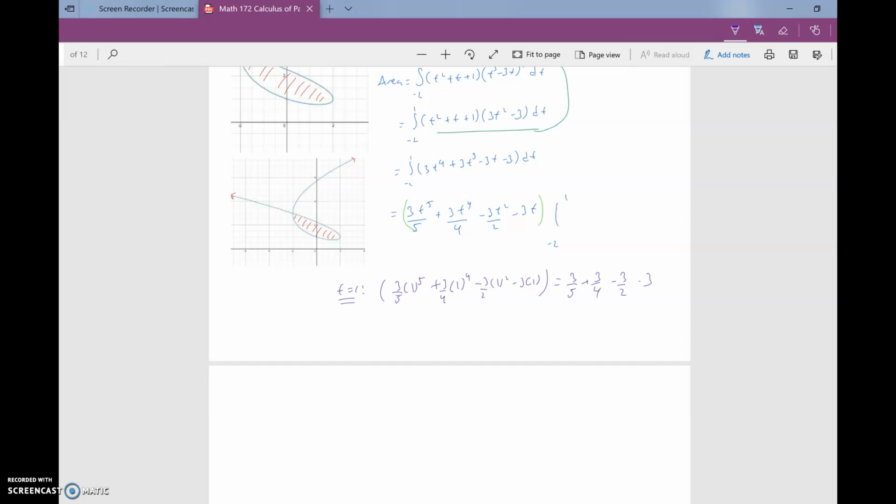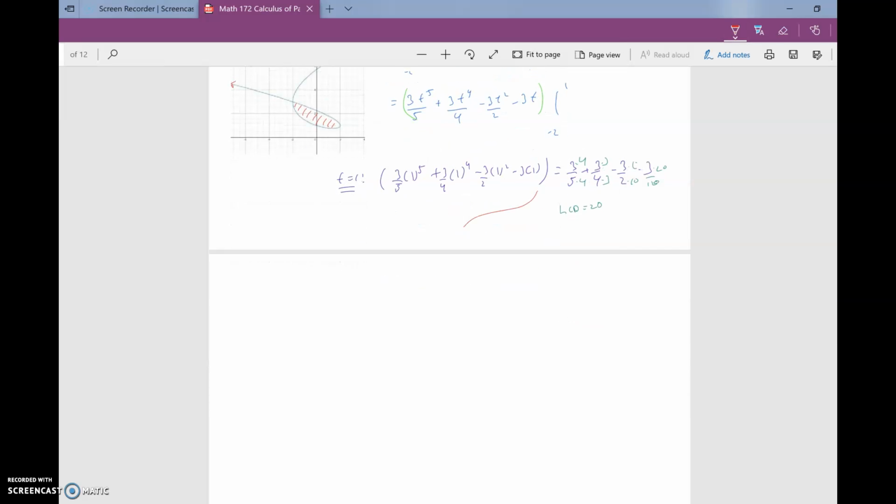And let me combine these into a single fraction. So our LCD here is 20.